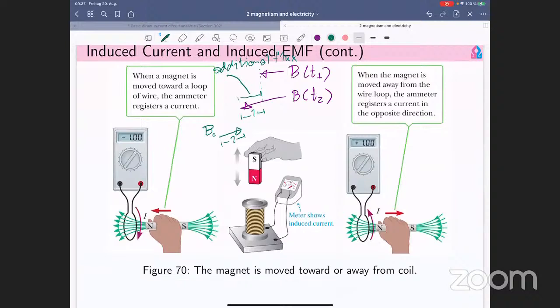For example, 17 Tesla, that's the starting point.